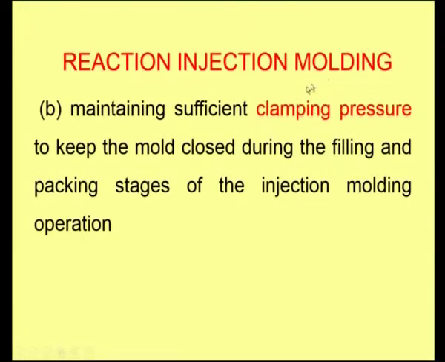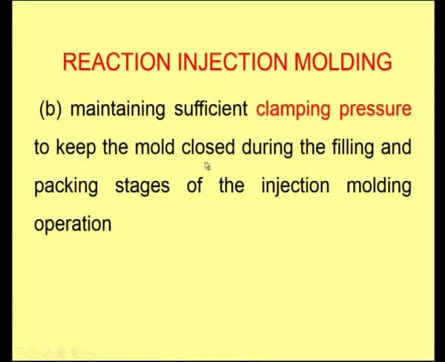The other one is to maintain the sufficient clamping pressure or the clamping force to keep the mold closed during the filling and packing stages of the injection molding operation. In the last episode, when we discussed the injection molding, the injection molding machines are normally rated in terms of tons, 250 ton injection molding machine or 50 ton.